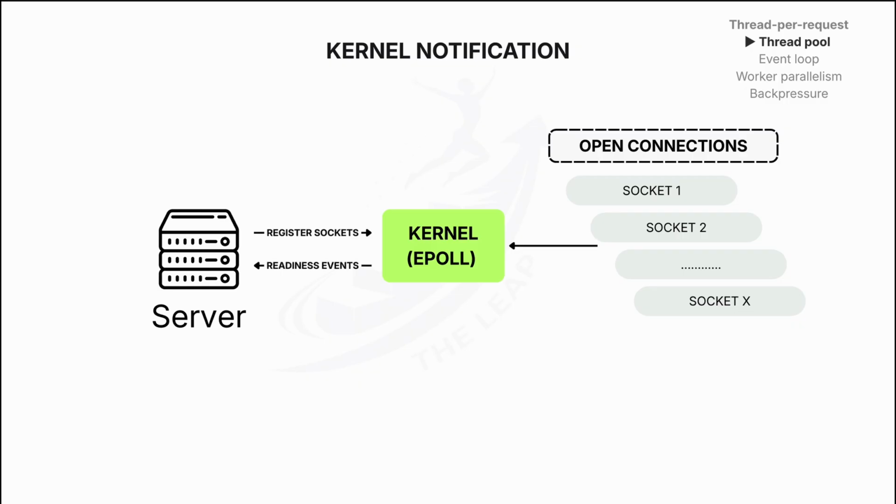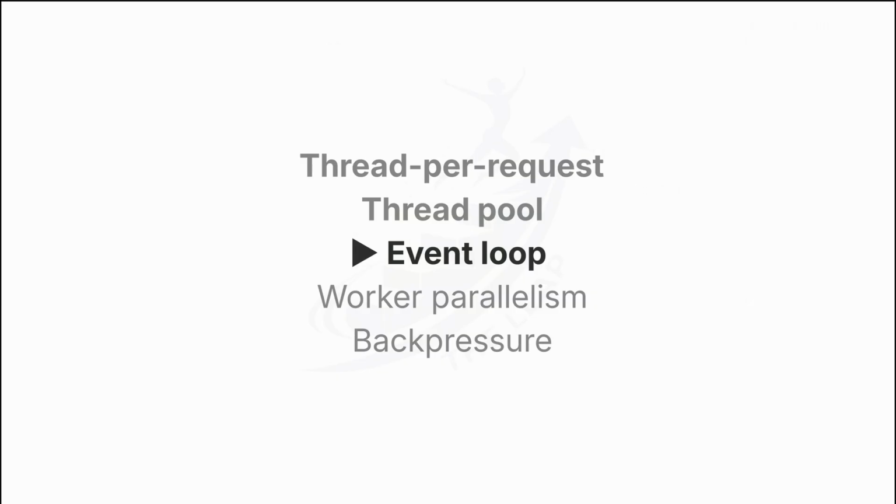Modern kernels provide mechanisms like epoll that allow a program to monitor thousands of sockets efficiently. Instead of blocking a thread per connection, the server can register all sockets with the kernel and simply wait for readiness notifications. And this leads to a completely different architecture.